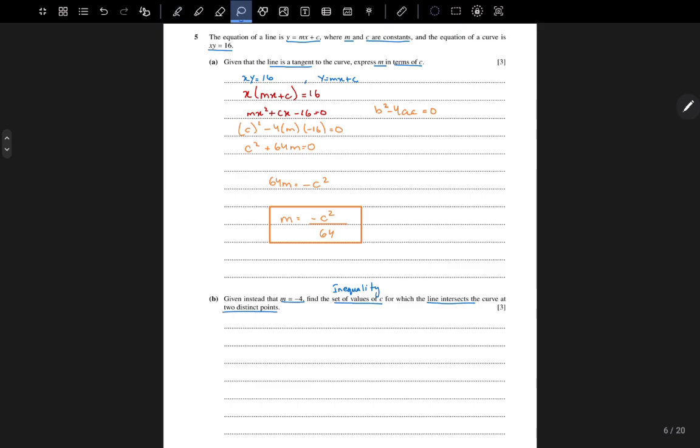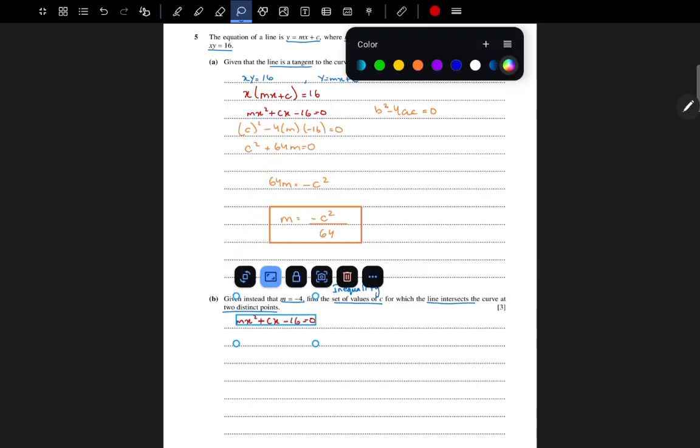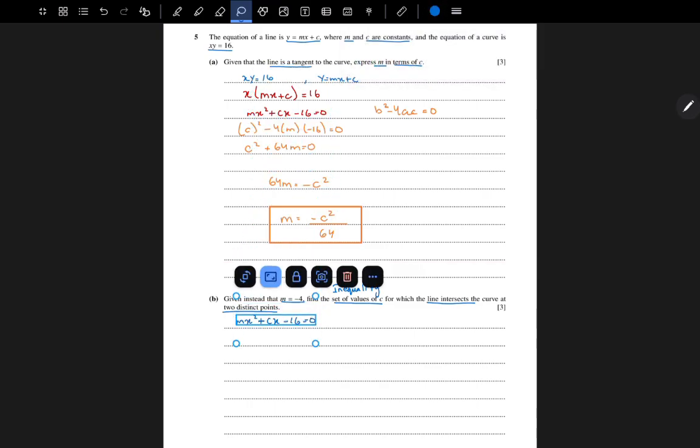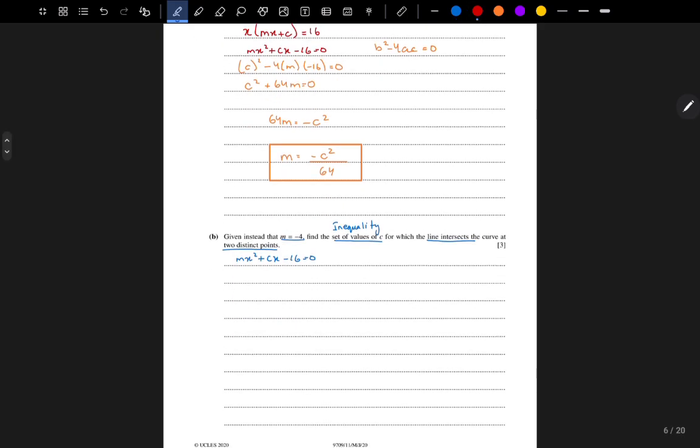So if we copy this part of the formula from the previous part, we duplicate it and bring it down. We first replace m with −4, which will give us −4x² + cx − 16 = 0.